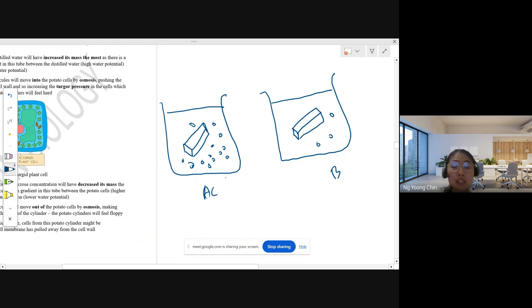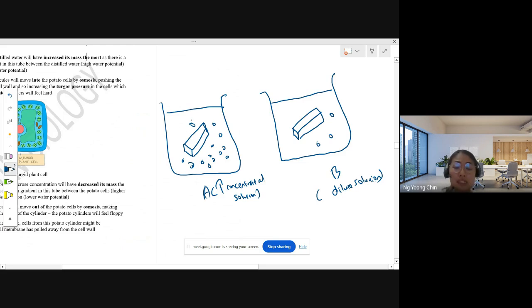So solution A has the highest solute. That means they put the potato strip in a very highly concentrated solution. This B, they will put the potato strip in the very dilute solution. That means that the water is more than the solute, right? So osmosis will happen.